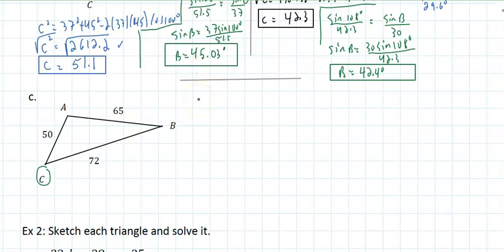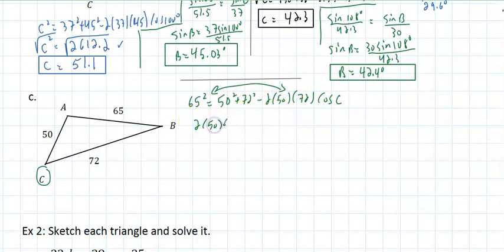65 squared, according to the law of cosine, again, law of sine doesn't work. I know that 65 squared equals 50 squared plus 72 squared minus 2 times 50 times 72, the cosine of angle C. If I swap those, then I'll get 2 times 50 times 72, the cosine of C, equal 50 squared and so on.